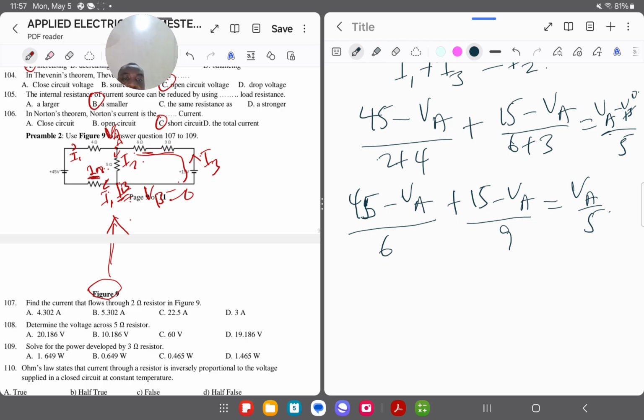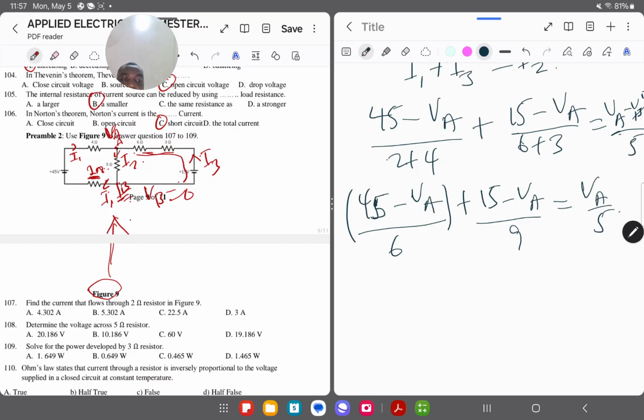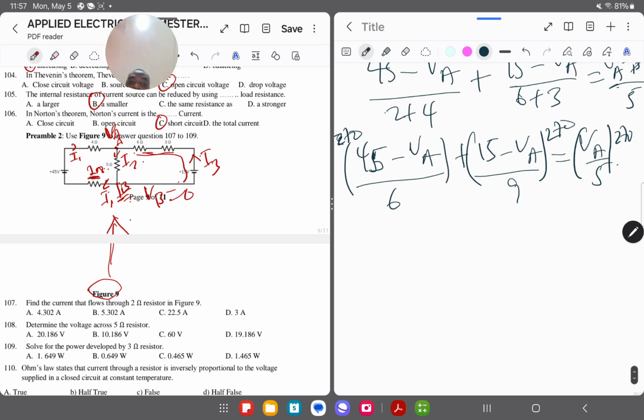So you multiply this by 270. Here too you multiply by 270. That will be our LCM. Here too by 270. I'm trying to conserve time, so that the first part, 270 divided by 6, will be what? 45.